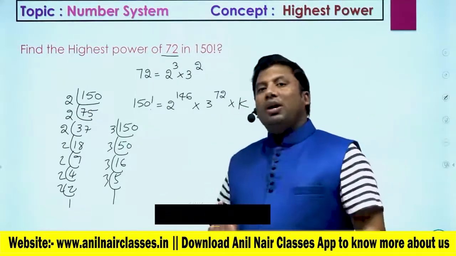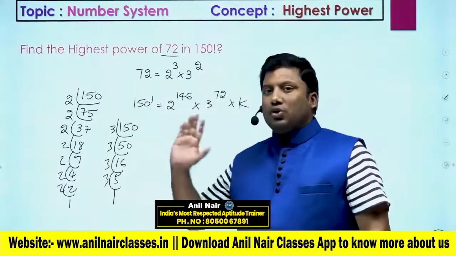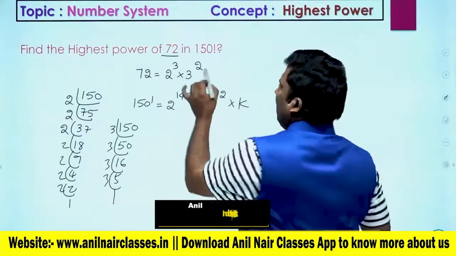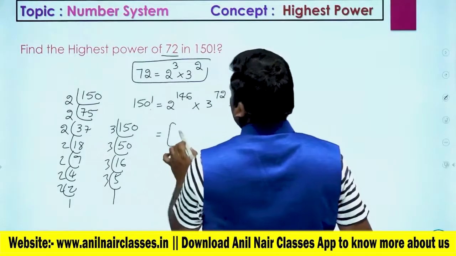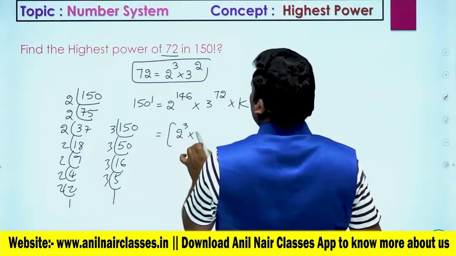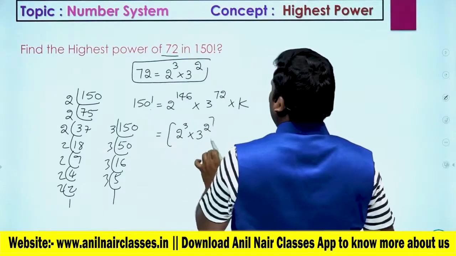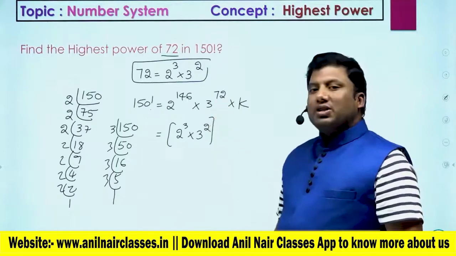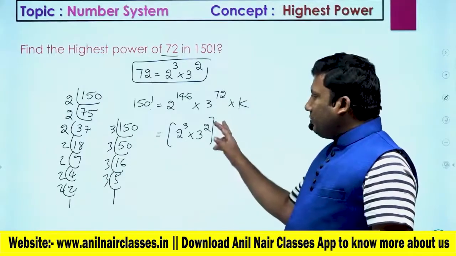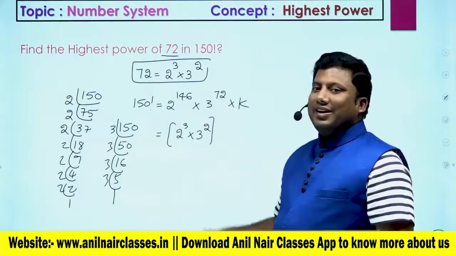Why are we doing it only for 2 and 3? 72 as a power of prime basis is 2 power 3 into 3 square. I need to take out 2 cube into 3 square. If I take 2 cube into 3 square out, 2 cube goes 36 times in 146, since 36 3s are 108.